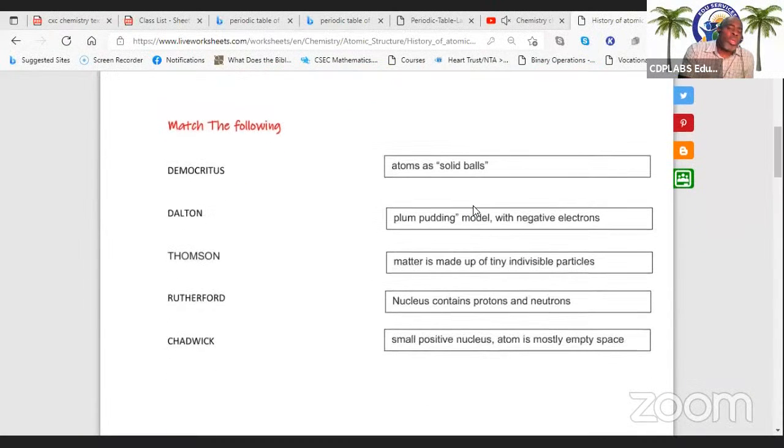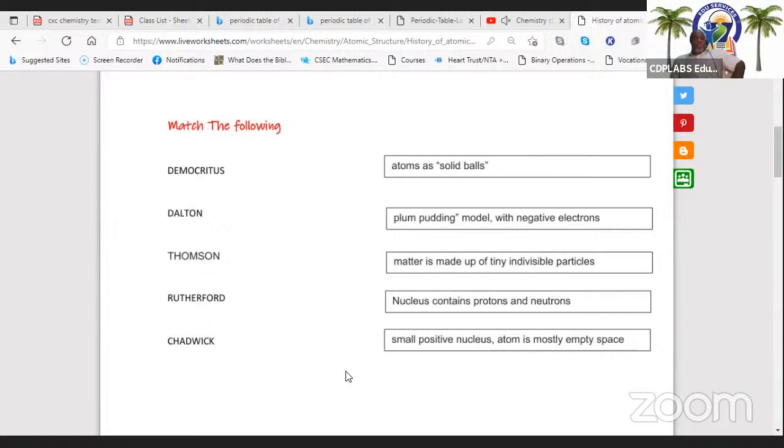You're going to find out which of these scientists is responsible for which of these discoveries or contributions to chemistry.